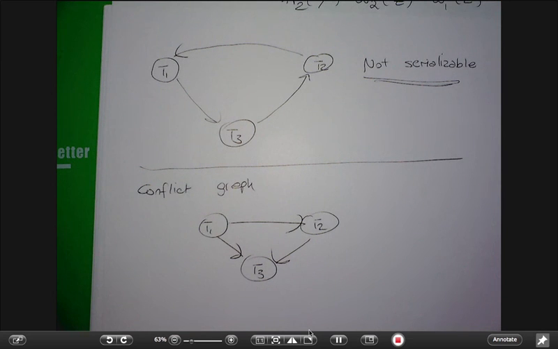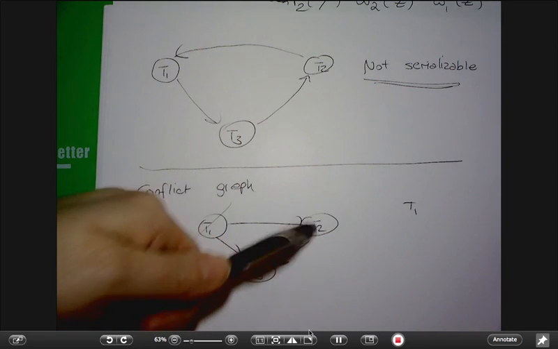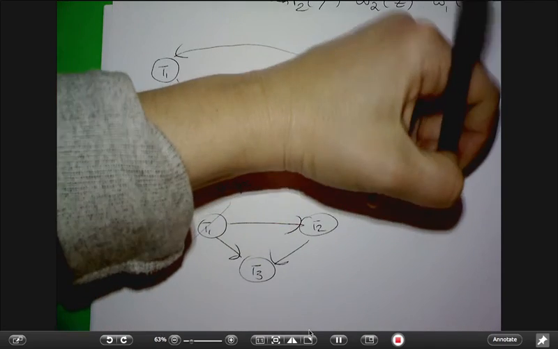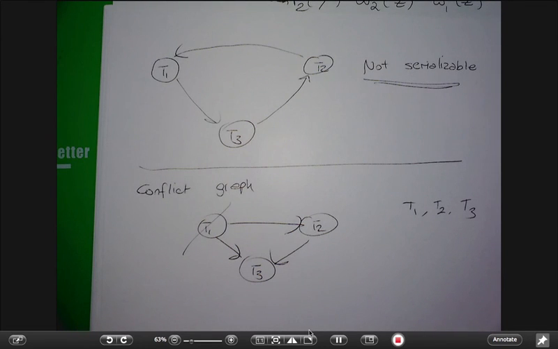Because there is no incoming edges to T1. So that means T1 can be first. Once I have T1, if I remove it, then T2 must come before T3, and then you have the last one. So if you have no cycles, you can find the serial order by finding the node that has no incoming edges, take that one, remove it, find the next node that has no incoming edges, and then continue until there are no nodes left.